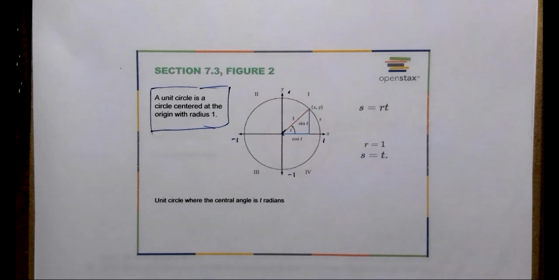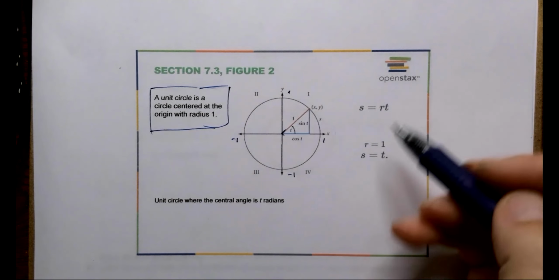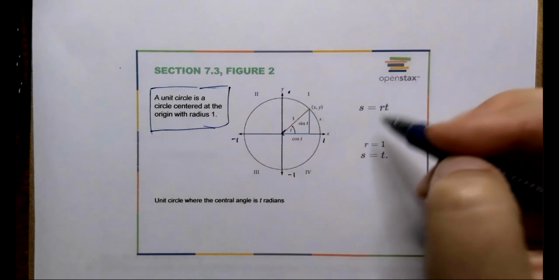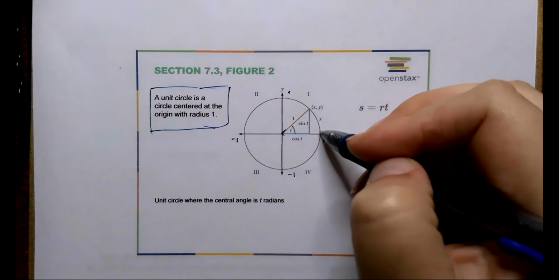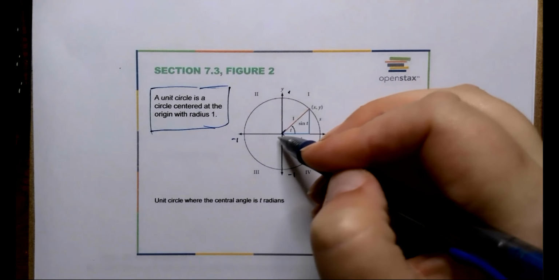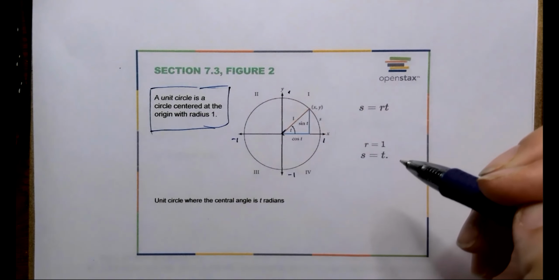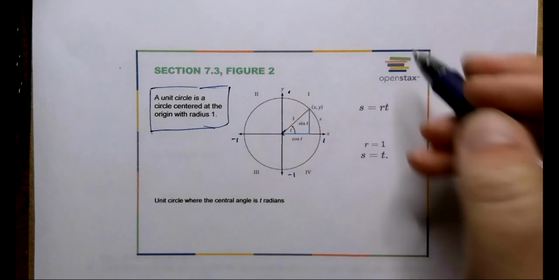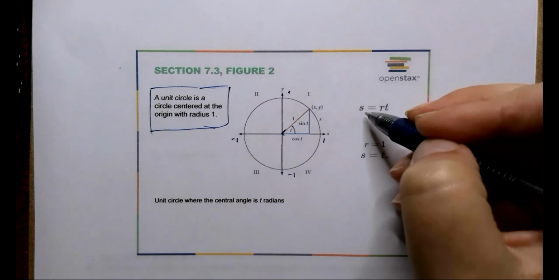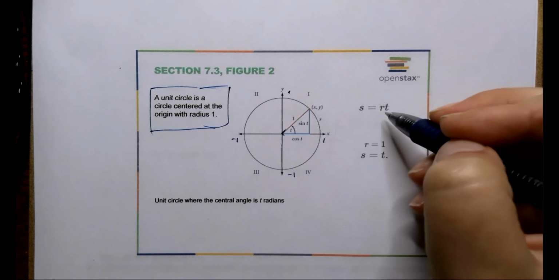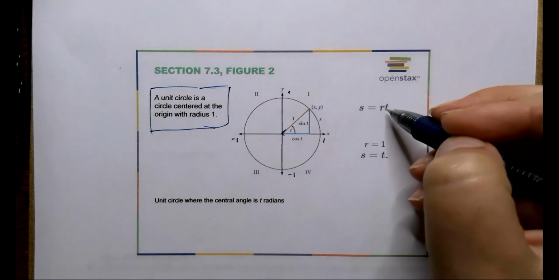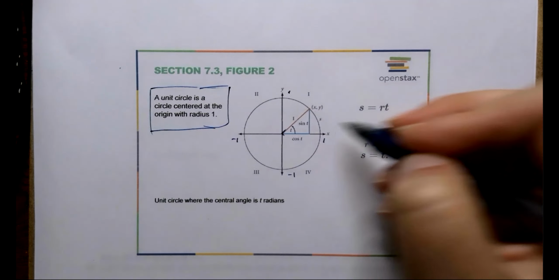Some things that happen with unit circles is some formulas are simplified due to the fact that the radius is 1. For example, our formula that we used for circumference cut out by a central angle in radians, right? We had the formula: the arc length is radius times angle.